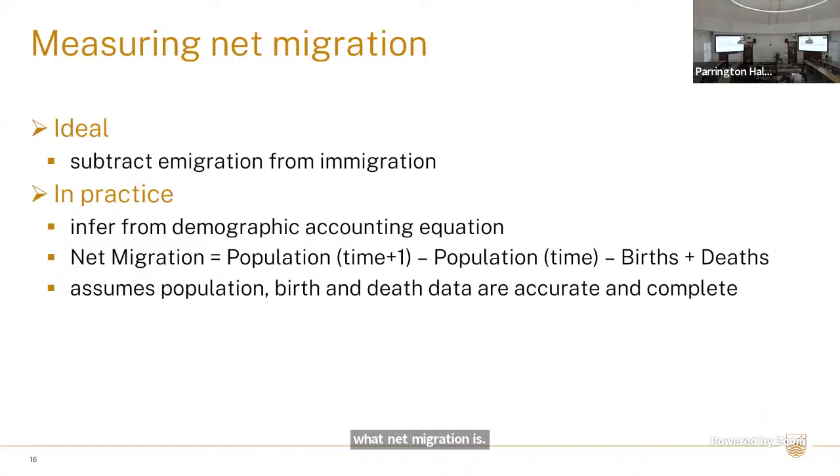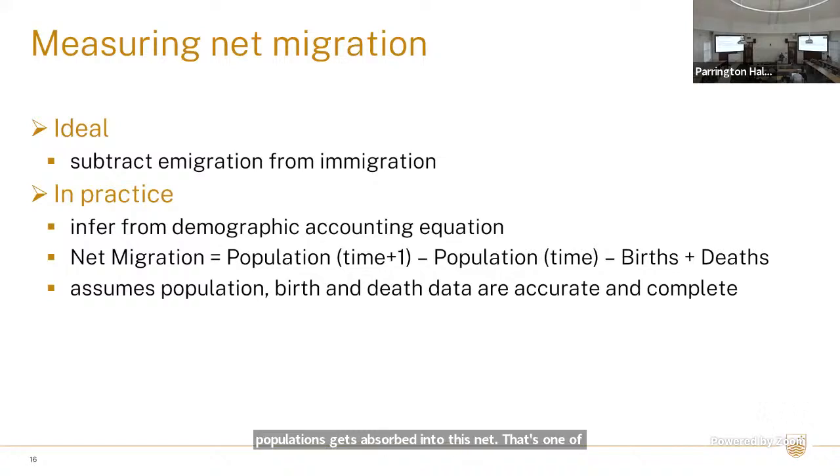You take the population at time t plus 1, minus the population at time t, plus the deaths minus the births, and the result is your net migration estimate. This assumes that your population, birth, and death data are accurate and complete, but the big problem is they're not, right? Whatever errors there are in the births, deaths, or populations get absorbed into this net migration estimate. That's one of the fundamental problems.